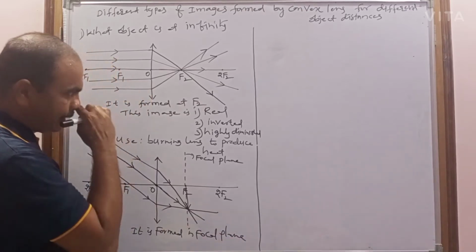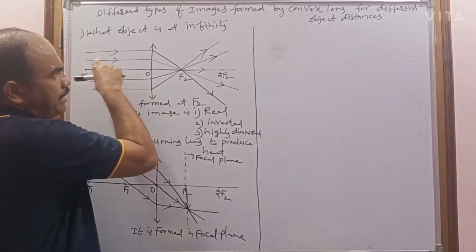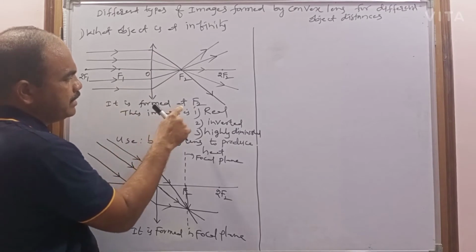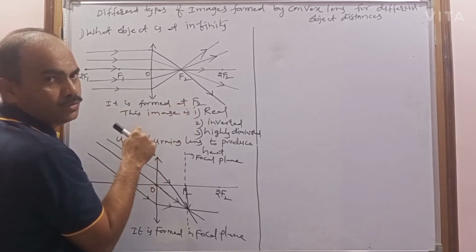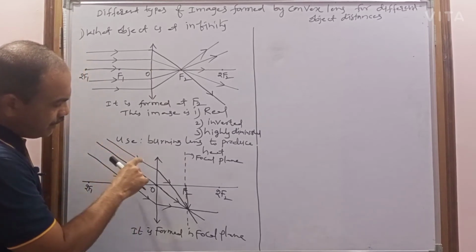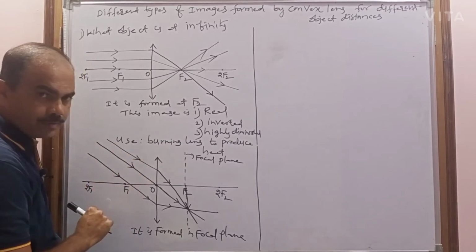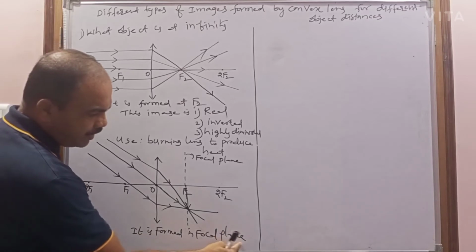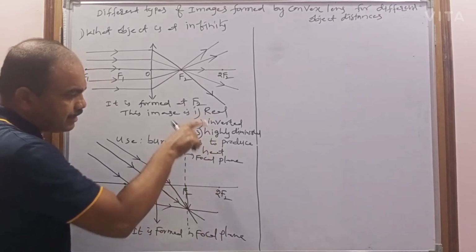Only when the incident rays are parallel to the principal axis is the image formed at f2. If the incident rays are parallel to each other but not parallel to the principal axis, the image is formed in the focal plane, but the characteristics are the same.